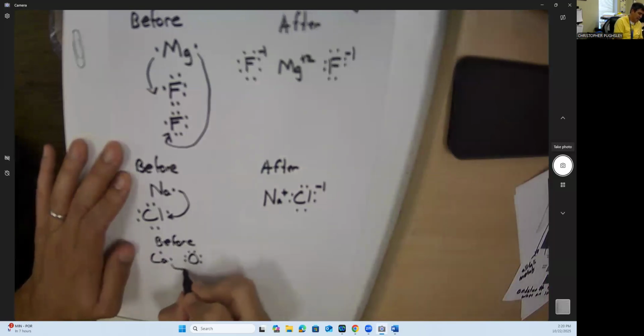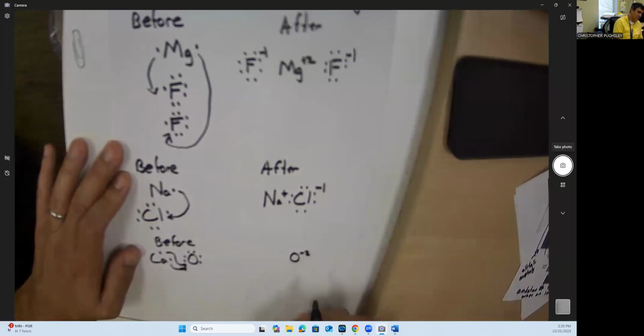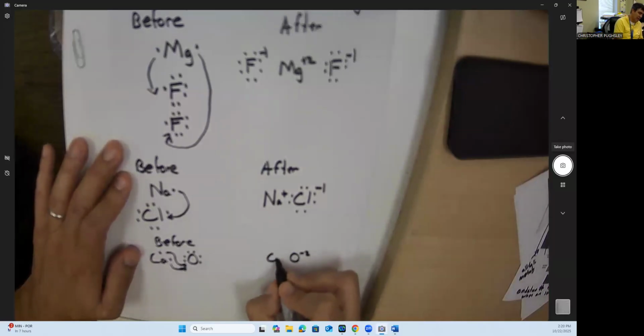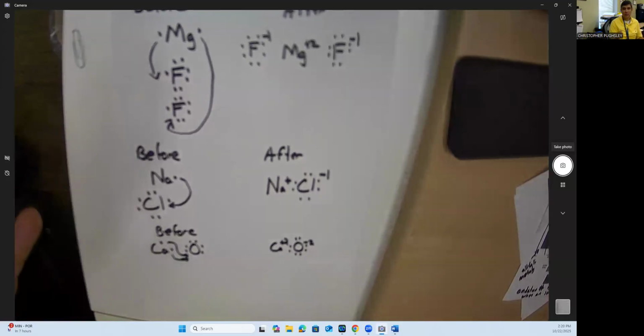Calcium will give those 2 electrons to oxygen, making oxygen have a -2 charge and calcium have a +2 charge. And I will put the dots around oxygen. And those opposite charges attract. That's, again, a Coulombic attraction because they're oppositely charged particles.